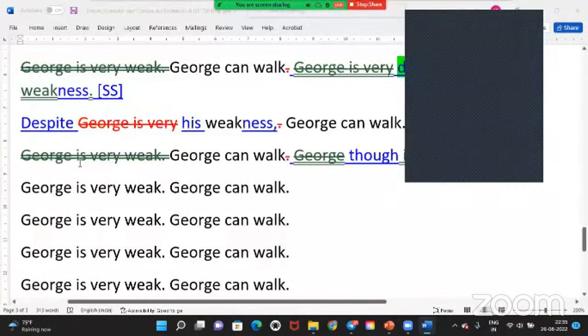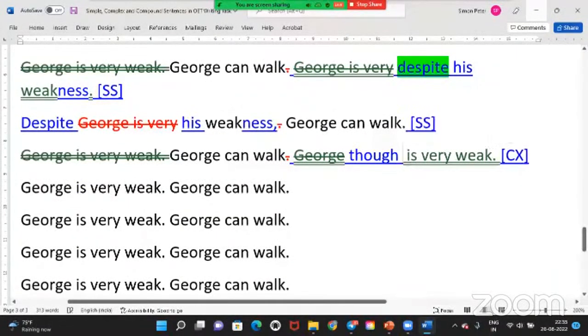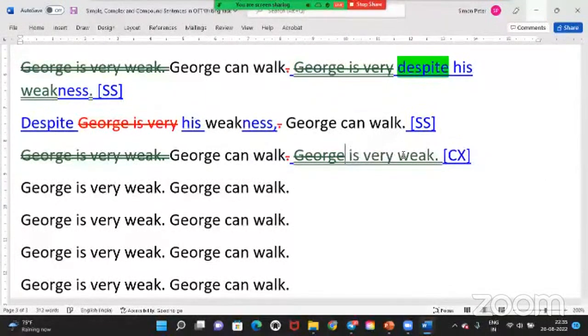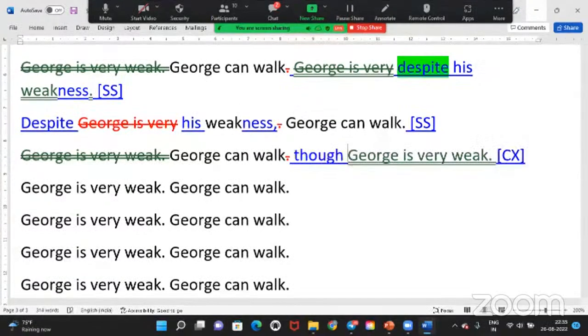So George can walk, though instead of the... okay, sorry, "though he" not here. So remove full stop, then say "though", and remove "George" and put "he".